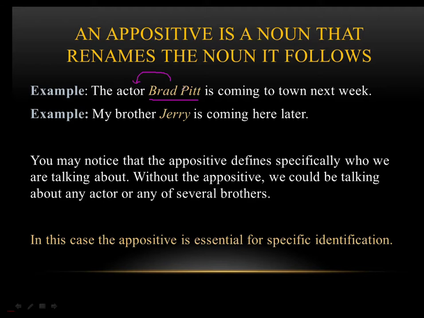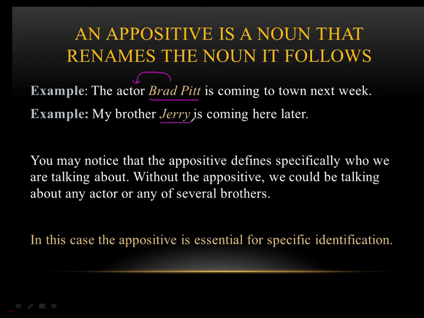So if I don't have the appositive, it's kind of hard for me to know which actor that I'm talking about. So from the very beginning, I want you to understand that appositives are sometimes necessary to identify precisely who we're talking about. Look at the second example. My brother Jerry is coming here later. This is my appositive.